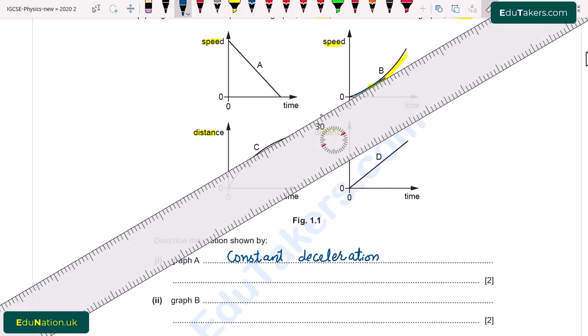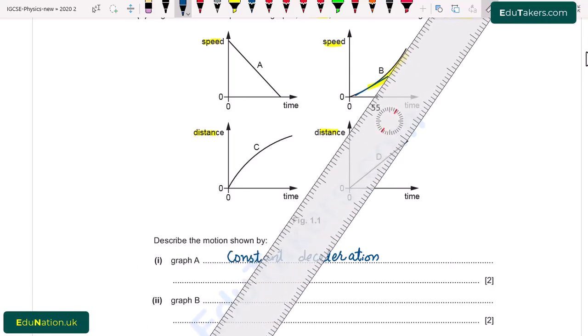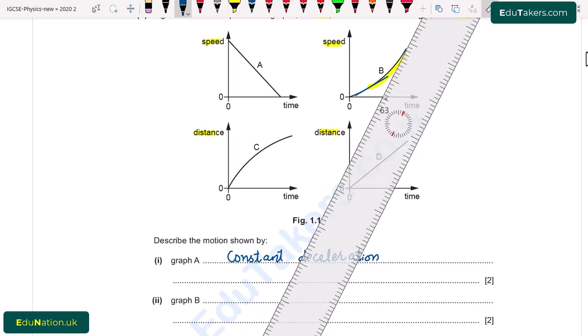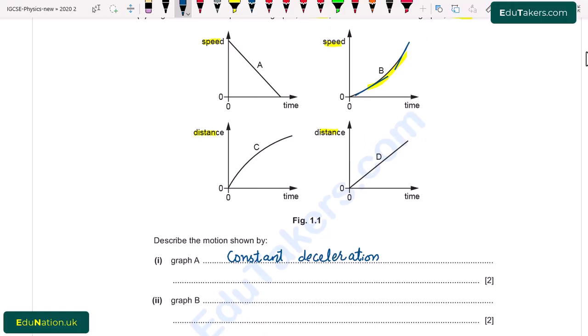It will be just like this. But at the ending point, the gradient will be like this. So you can see from here that first the gradient is this, then it increases in this way. So the gradient is increasing and this graph shows the increasing acceleration. So I write here: increasing acceleration.